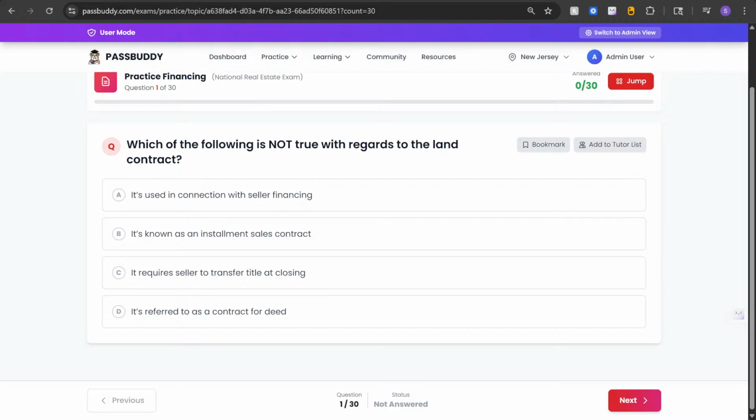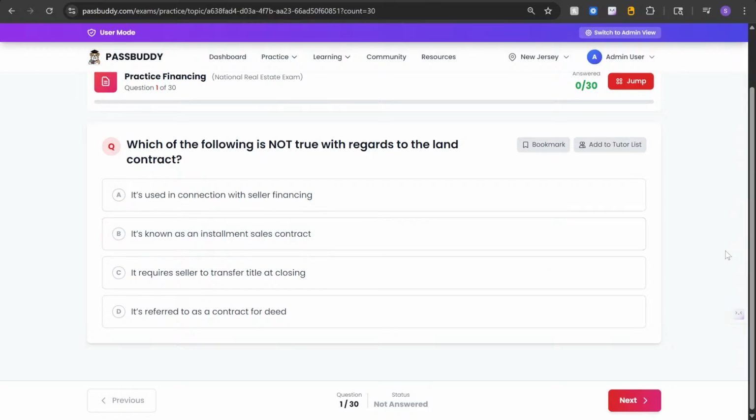So when we're talking about a land contract or a land sale contract or a contract for deed or an installment sales contract, the seller is allowing the purchaser to finance the property. The seller would be the vendor, the purchaser would be the vendee. And in this situation, the seller retains legal title to the property and the buyer is going to get equitable title.